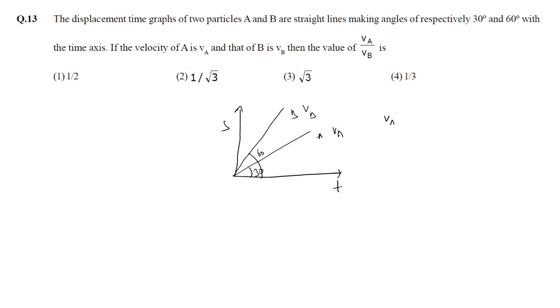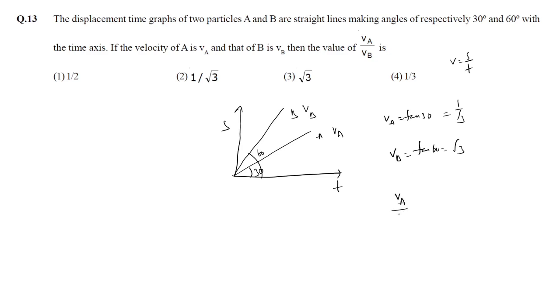So slope if you find out, okay, velocity is nothing but displacement by time. So displacement time graph slope will give you velocity, that is tan 30. Okay, it is 1 by root 3. Similarly VB, it is tan 60, root 3.